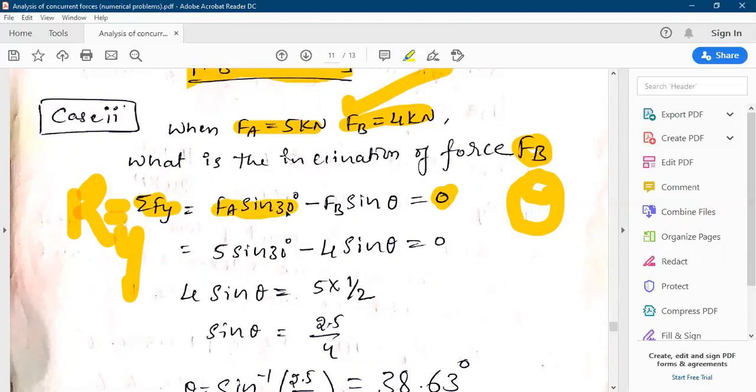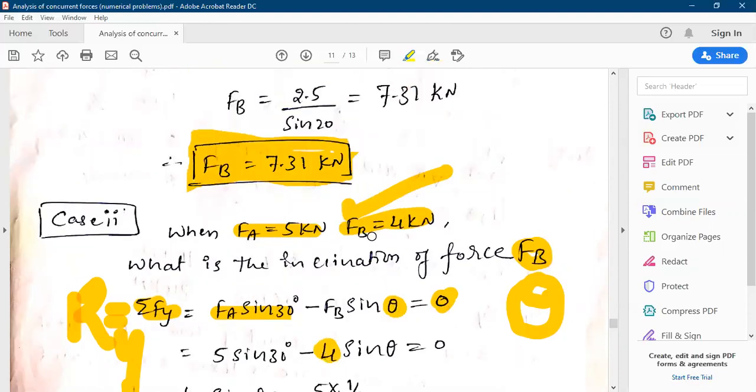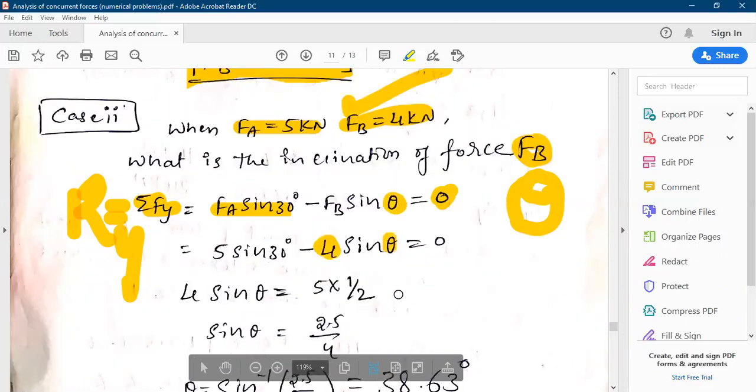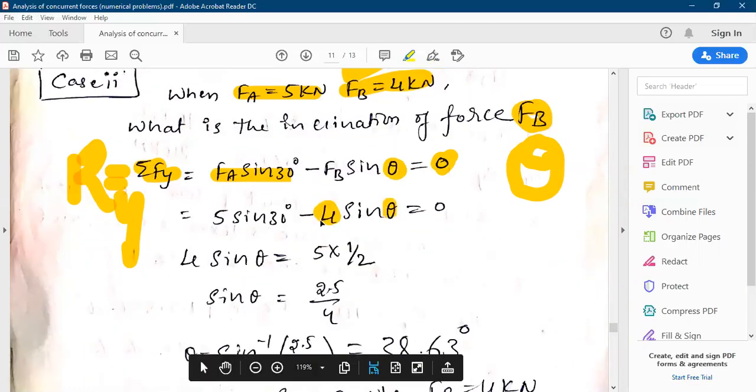Theta is given for Fa. We have to calculate the theta for Fb when Fb is equal to 4 kilonewton. Fb value is given here in the second case, so we have to calculate only the angle of inclination for force B.